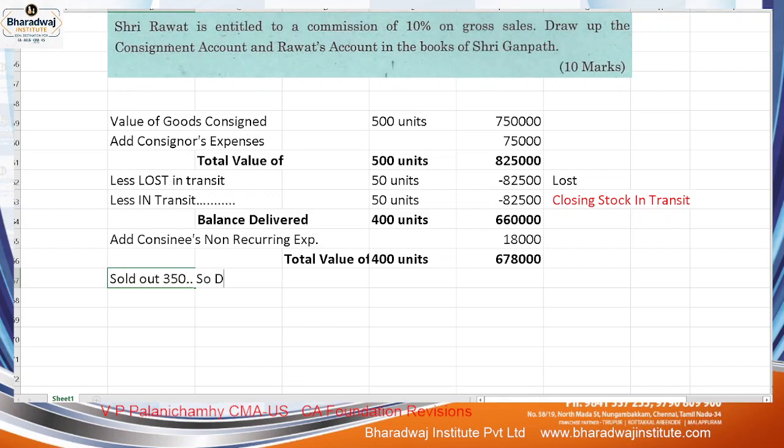So closing stock: 400 minus 350, 50 units. So the value is 6,78,000 if it is for 400. What is for 50?